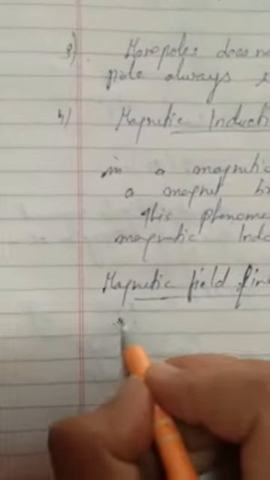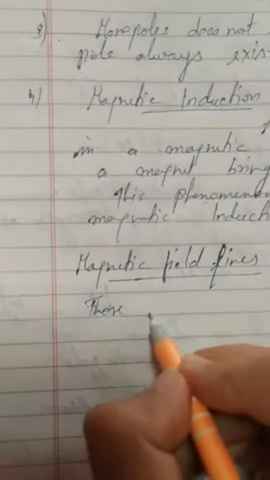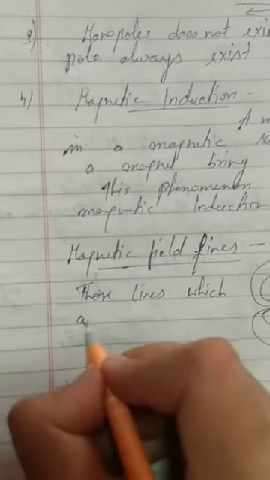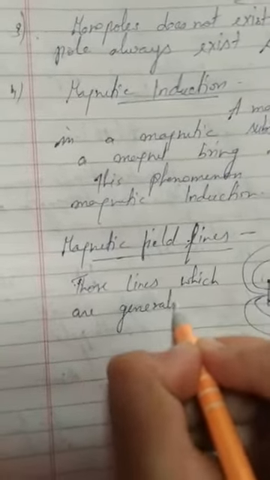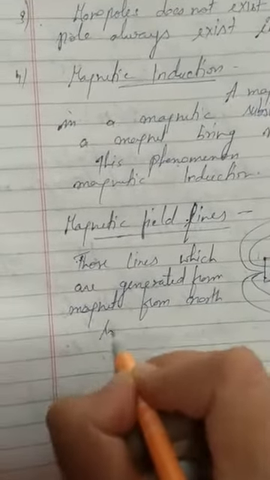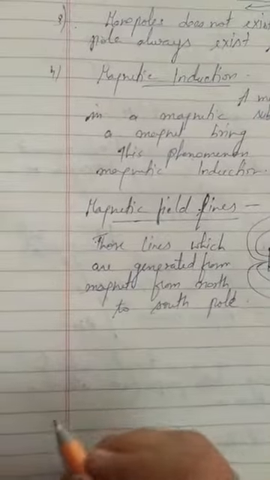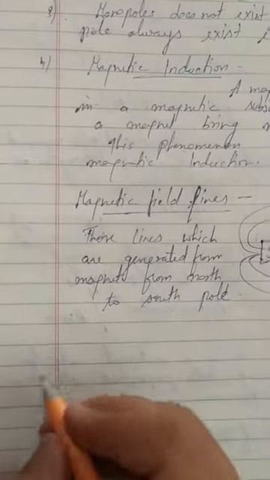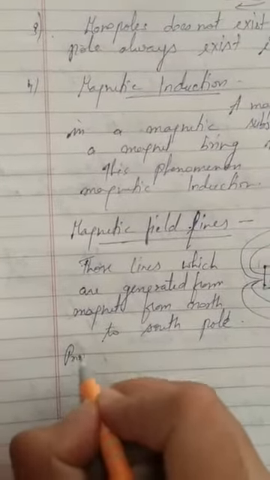These are the lines which are generated from the magnet, from north to south pole. That is the magnetic field lines. Now, properties of these magnetic field lines.